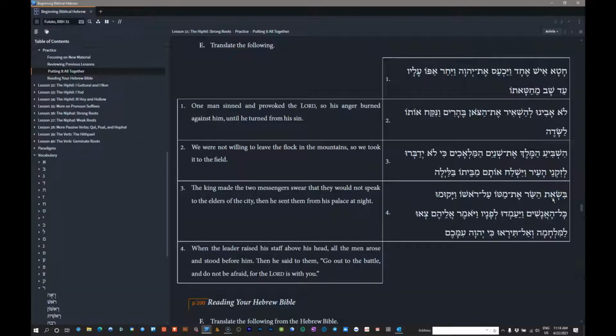So perfect doesn't make sense. What about in the imperfect? We don't really have any suffixes in the imperfect that begin with a tav. What about the imperative? Imperative doesn't have tav as a suffix.